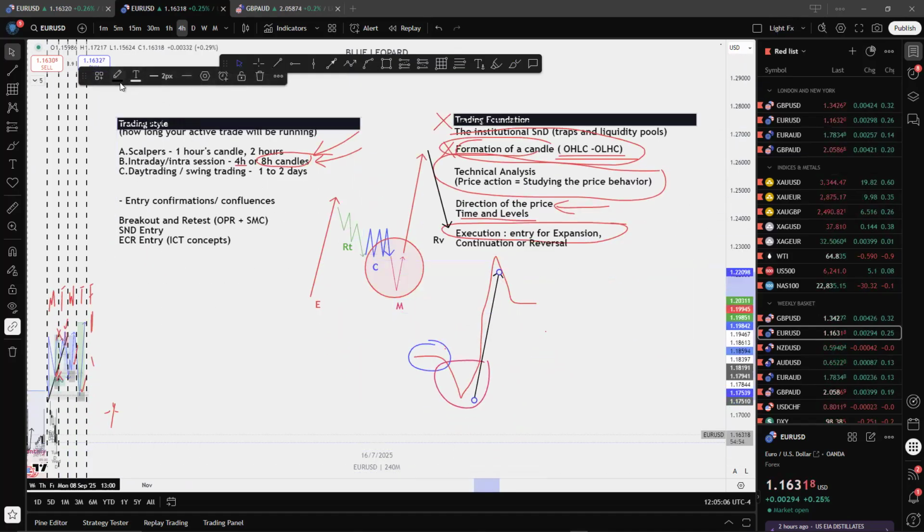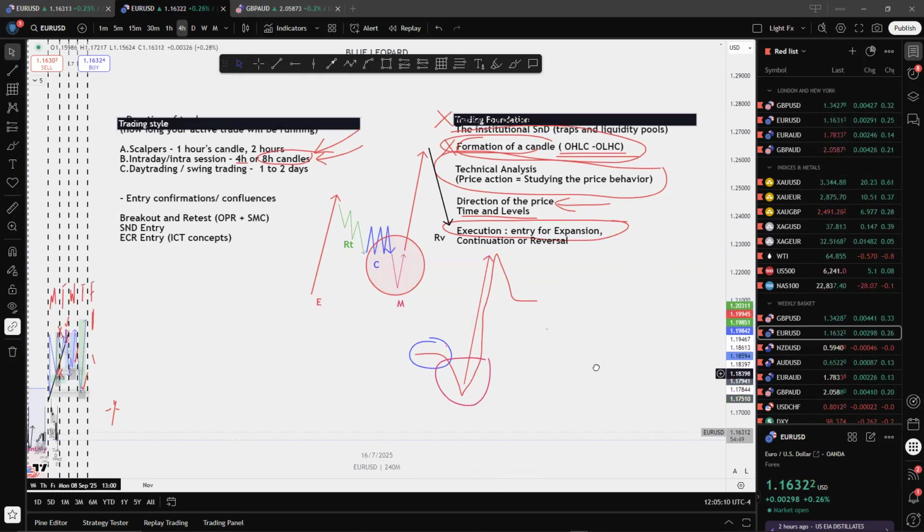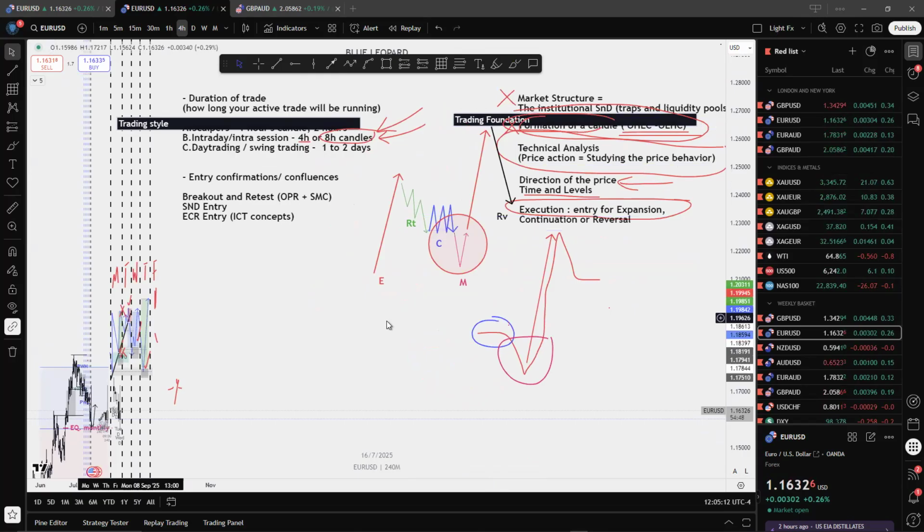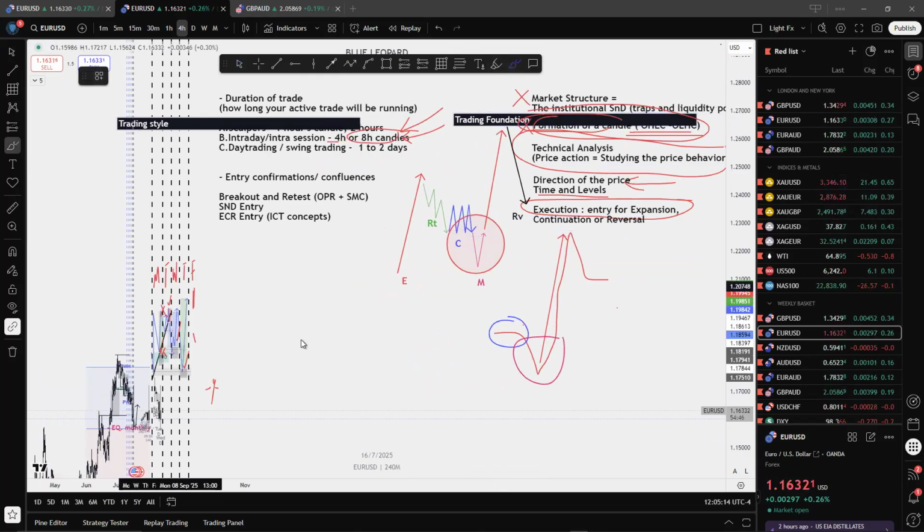So the expansion, which was the red arrow, is what we look for in a trade. And every day gives us the open, the low, the high, the close. If it's bullish, the open, the high, the low, and the close. We always look for this zone for our entry. We look whatever we can.